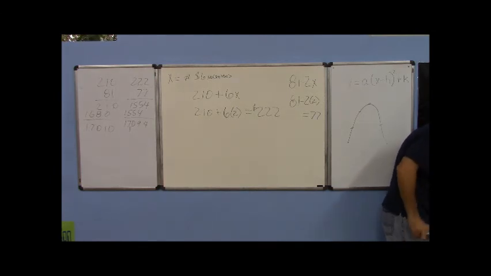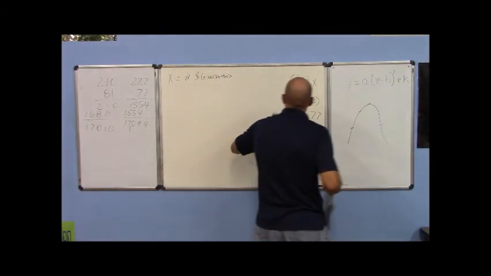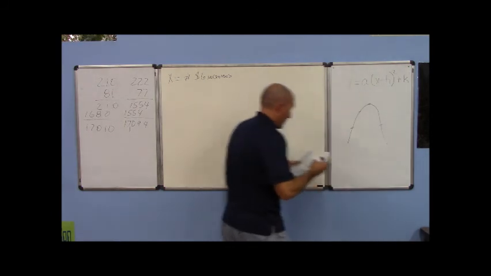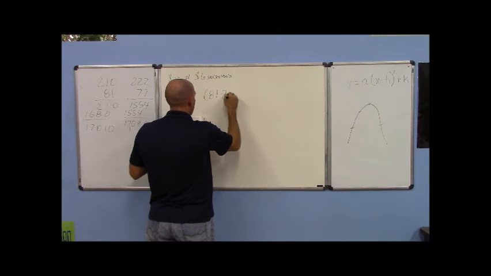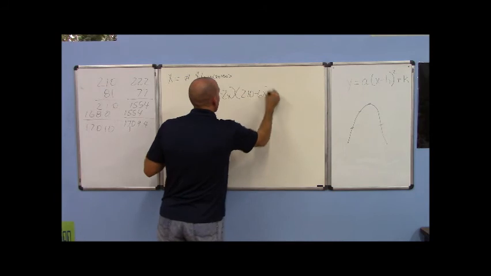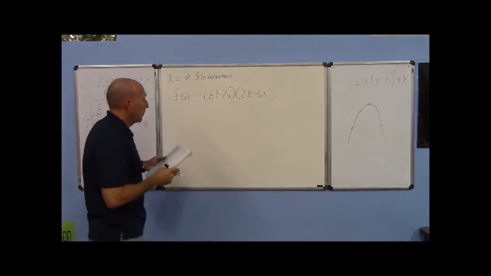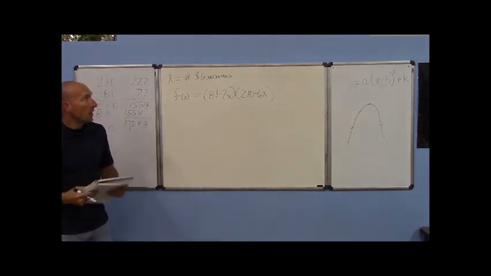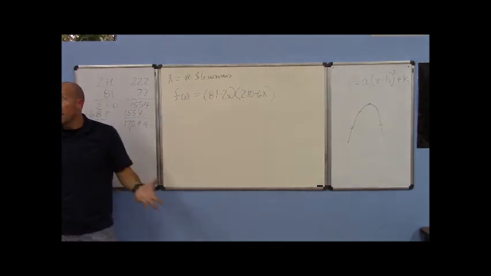So what we can do is take our information and put it in the form of a function, which is what it shows us here. Now, we have a quadratic equation here that has been factored.